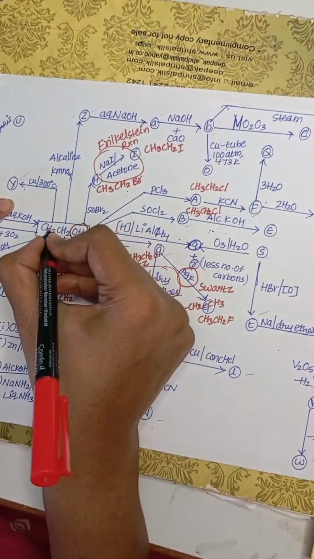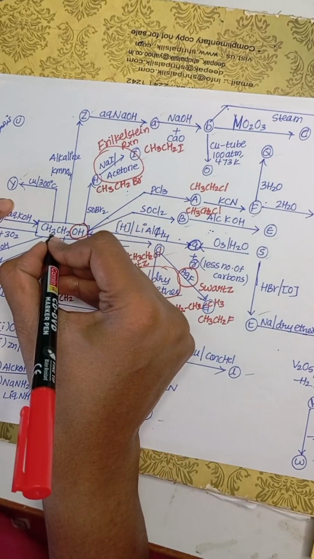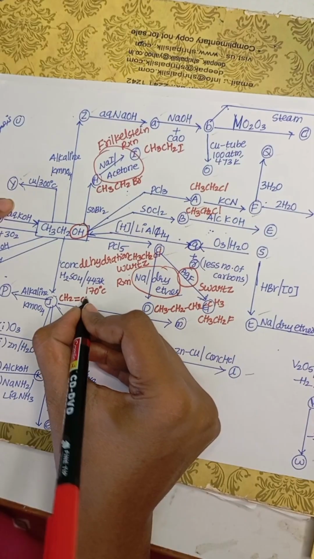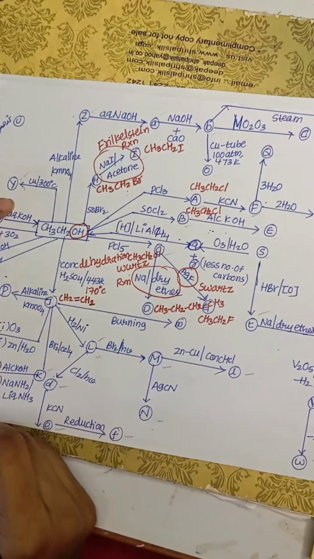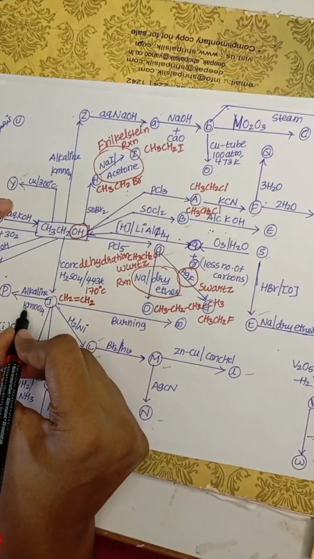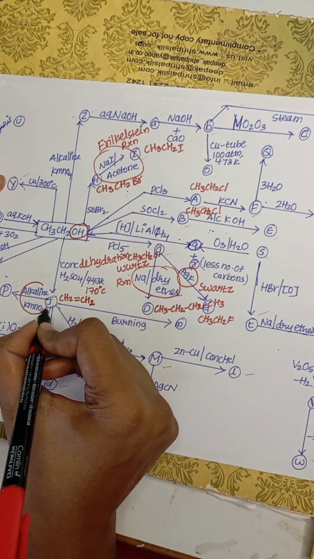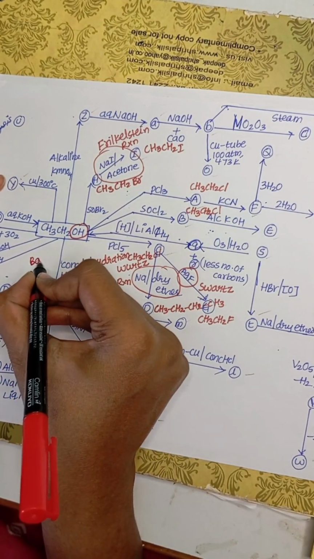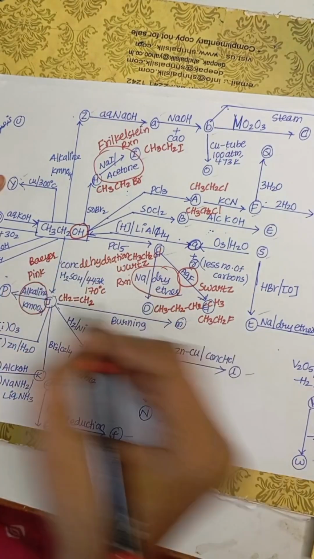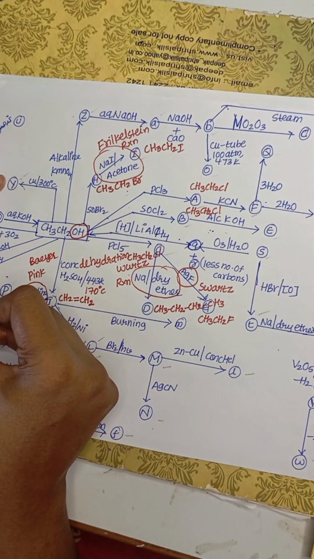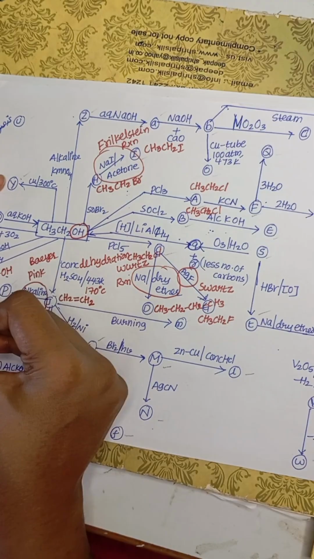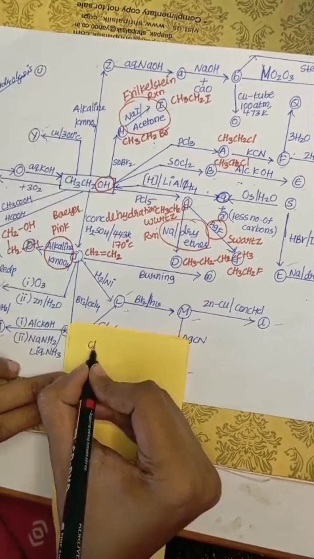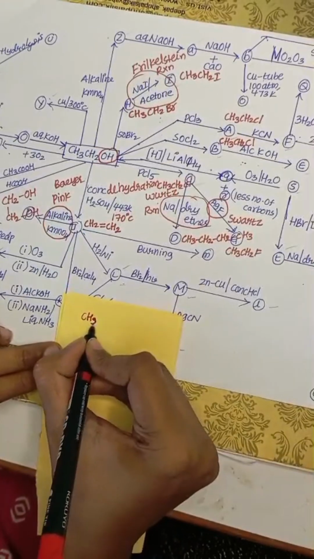The hydroxyl group from the first carbon and hydrogen from the second carbon are removed, forming ethene. When ethene is treated with alkaline KMnO4, which is a pink colored substance, Baeyer's reagent, it forms glycols, otherwise called diols. Ethene undergoes hydrogenation in presence of nickel, going from unsaturated to saturated.